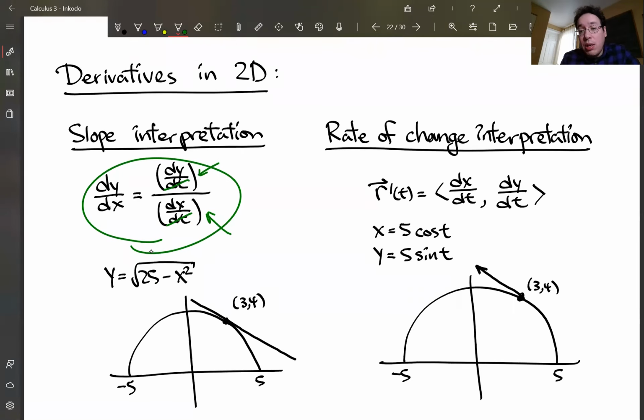Okay. If you're thinking about the rate of change or how the particle is moving through space, then you want to take the derivative and interpret it as a vector, right? So if you're at a particular point, you care about which direction you are changing and how fast you're moving at that moment.